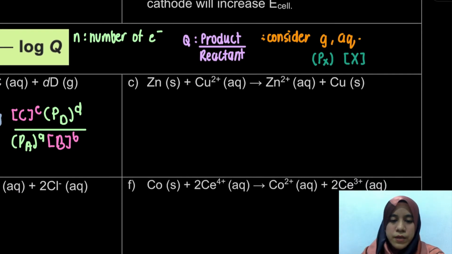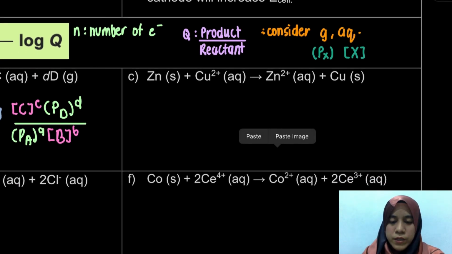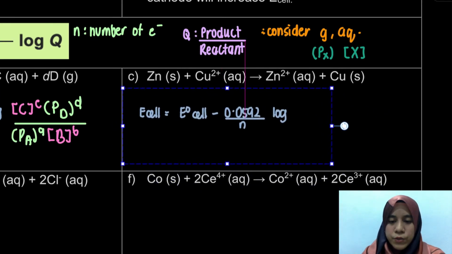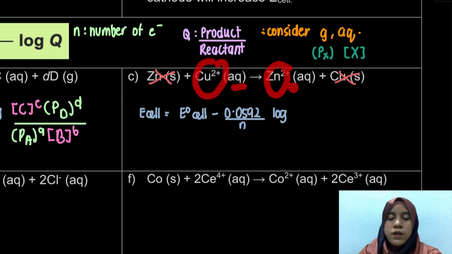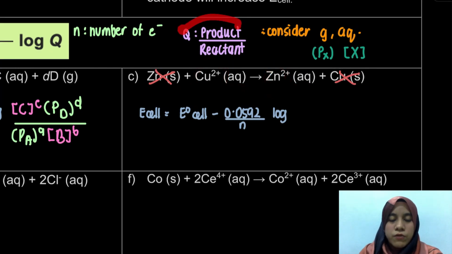Okay, so here we have my equation. So again, Q. Remember that for Q, consider gas and aqueous only. So for this equation, when we look here, we do have solid. So is the solid considered? No. So we will just cancel this one out. What we have here is copper 2 plus and zinc 2 plus, which are aqueous. But again, Q must be product over reactant. So product is zinc 2 plus.